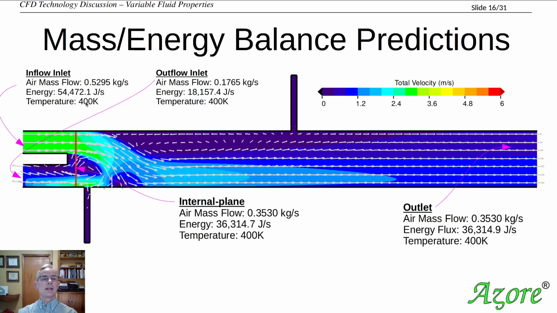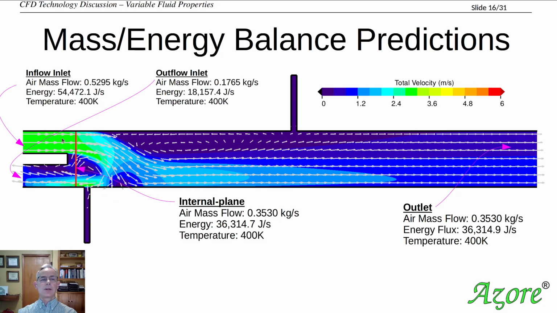And it comes in at a temperature of 400 degrees. We have a certain amount of mass coming out here, which is our mass flow leaving, on the order of 0.18. And we're also removing a certain amount of energy, which is around 18,000 joules per second. And here is our integration plane right here.